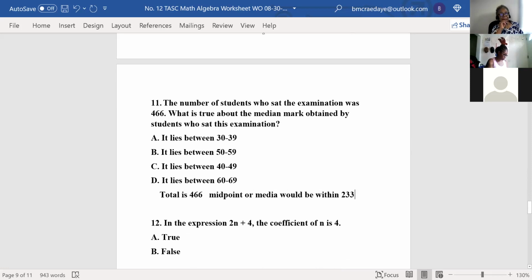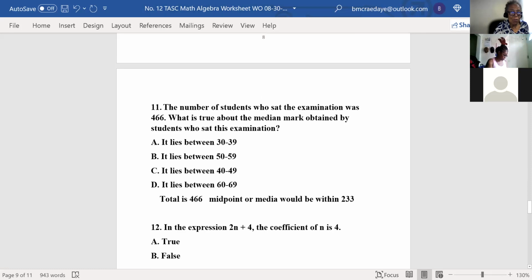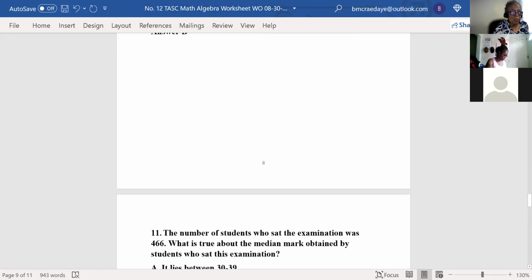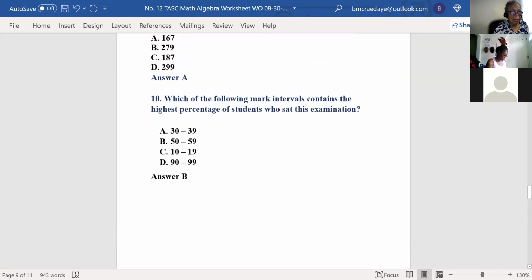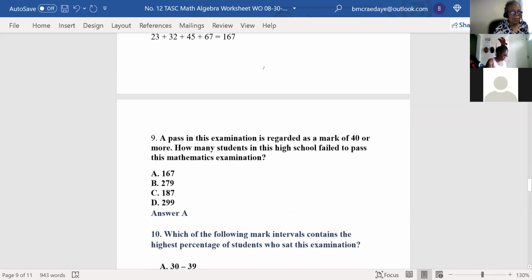Now, if it's within 233, let's go back up here and add them up. Where would that 233 hit? Where would it hit, Vanessa?